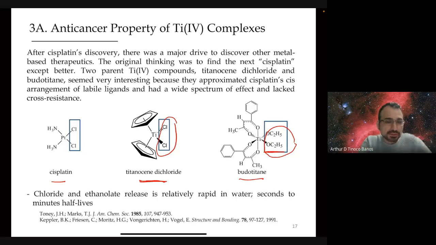And just to emphasize, the chloride groups and the ethanolate groups do get rapidly dissociated from the metal center in water, and in particular at a pH of 7.4, all the ligands that surround the titanium center dissociate quite rapidly.